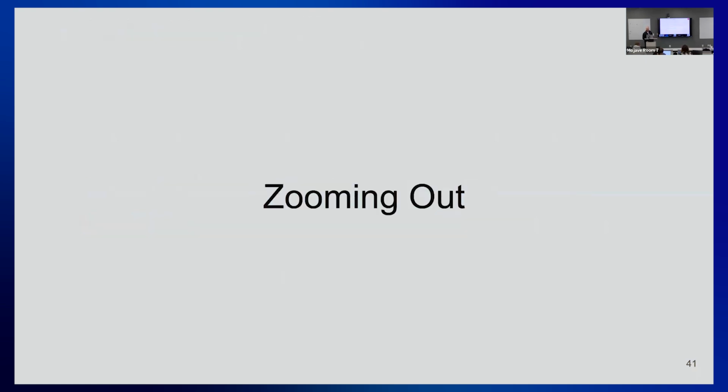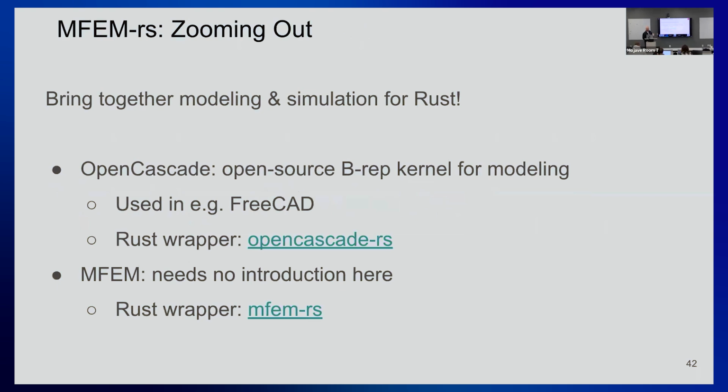Zooming out a little bit, what makes me super excited about the possibility of having this wrapper for MFEM is the ability to bring together modeling and simulation for Rust. I have a really good friend, his name is Ryan Schwind. He also used to live in Tokyo and then moved to Okinawa. Before that, we used to hang out all the time. He also likes building stuff.